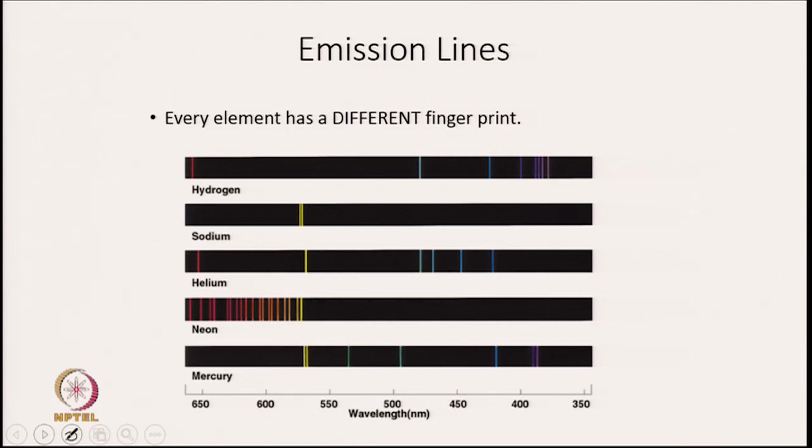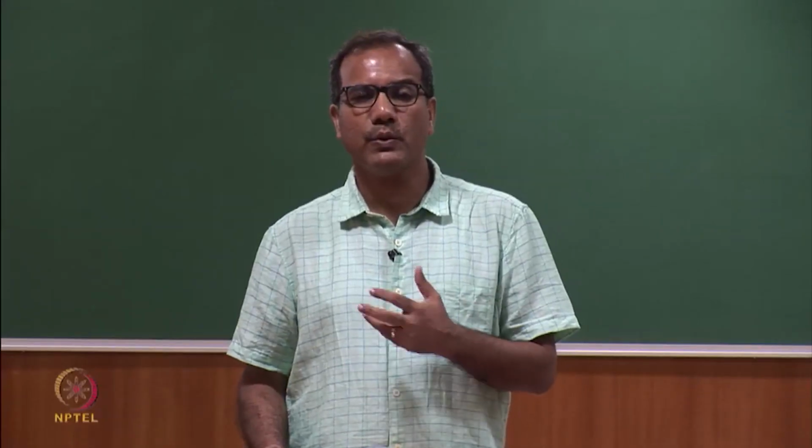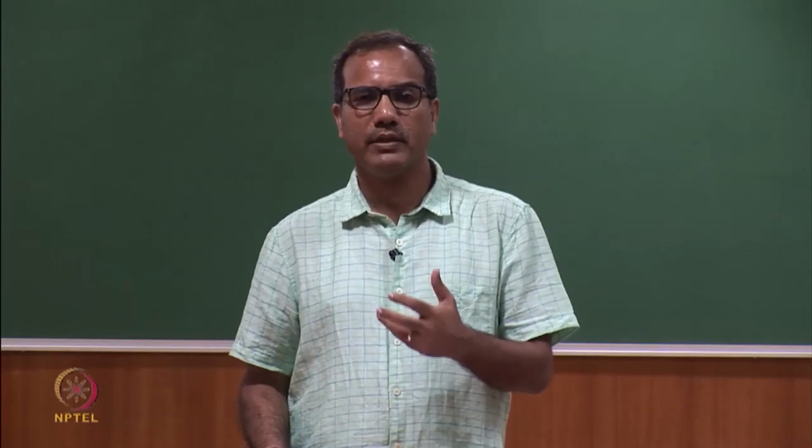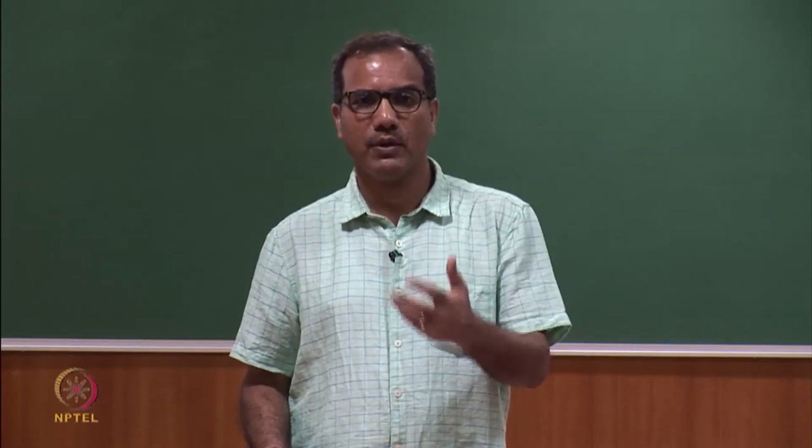And the interesting thing about emission lines of an element is that every element has a different line spectrum, or they emit light of different wavelengths, and this can be used to know whether a particular element exists in the sample or not.